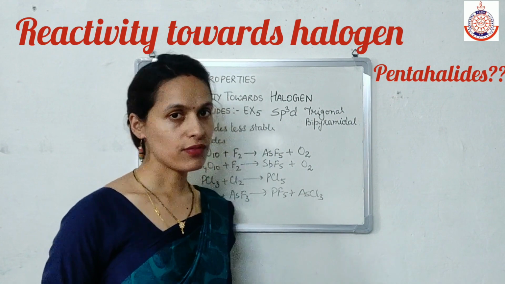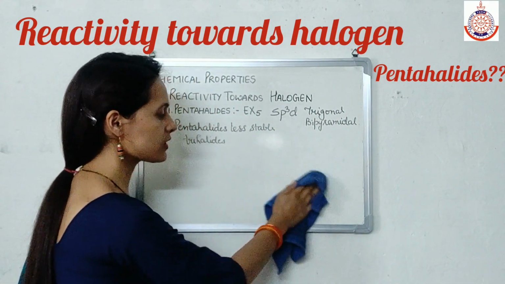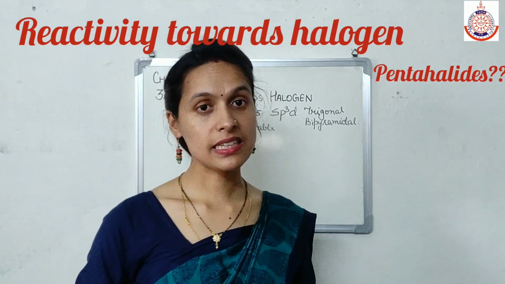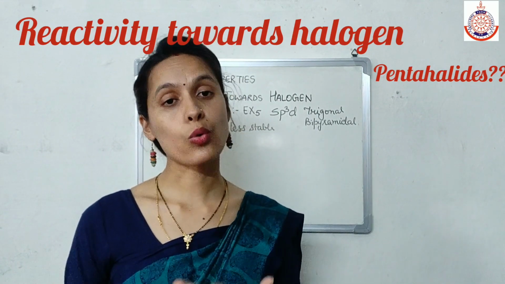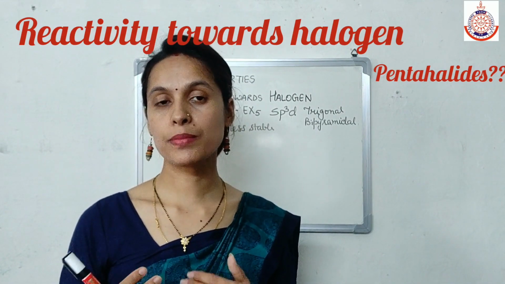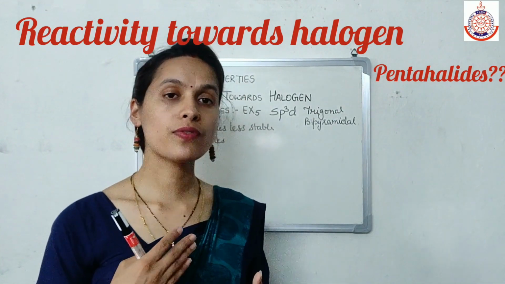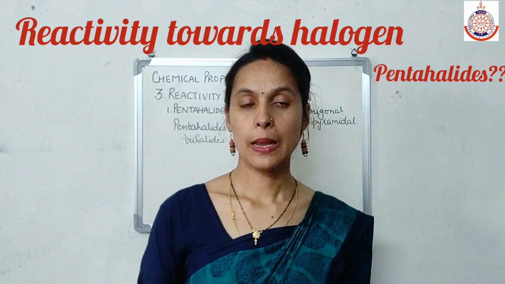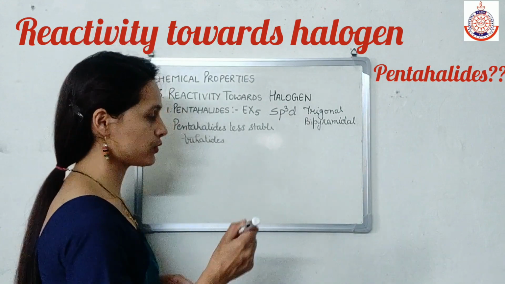Now PCl5: in PCl5 the oxidation state of phosphorus is +5, and in PCl3 the oxidation state of phosphorus is +3, and +3 is a more stable oxidation state as compared to +5. So PCl5, because of its instability, acts as a good reducing agent.